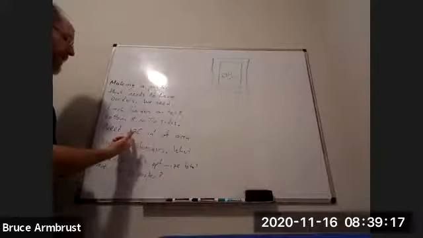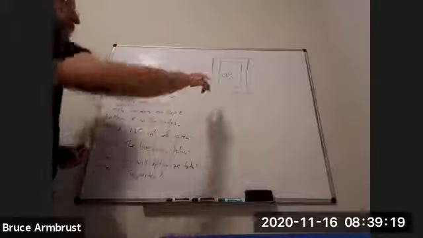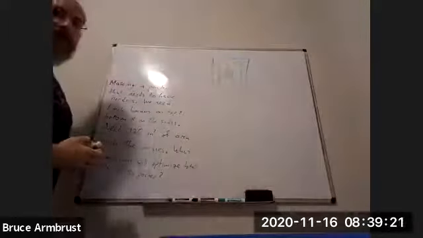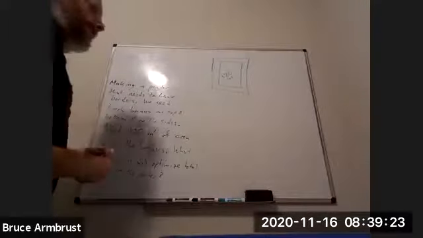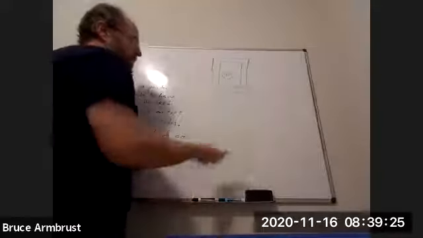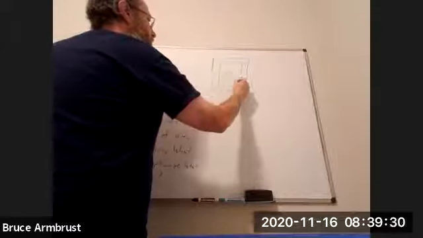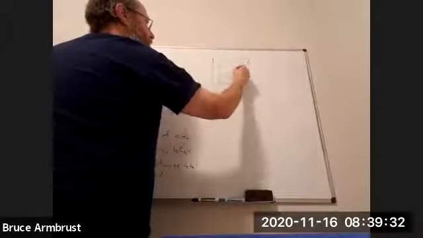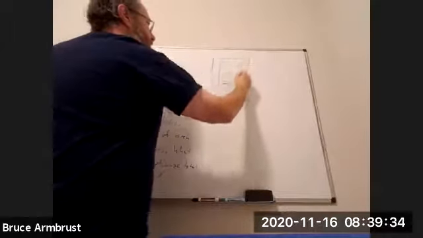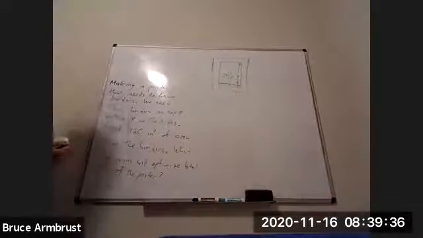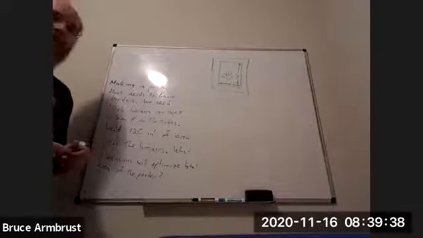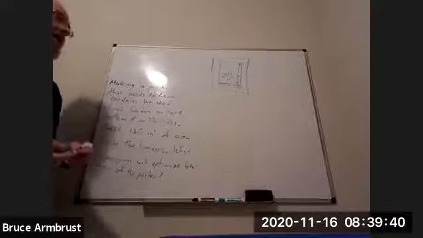All right, so let's think about what we know. We know that we have 120 square inches on the inside. And so since that's a rectangle, we know that it's base times height. So how about I call these X and Y. Okay, so X and Y are going to be the dimensions of the usable area.